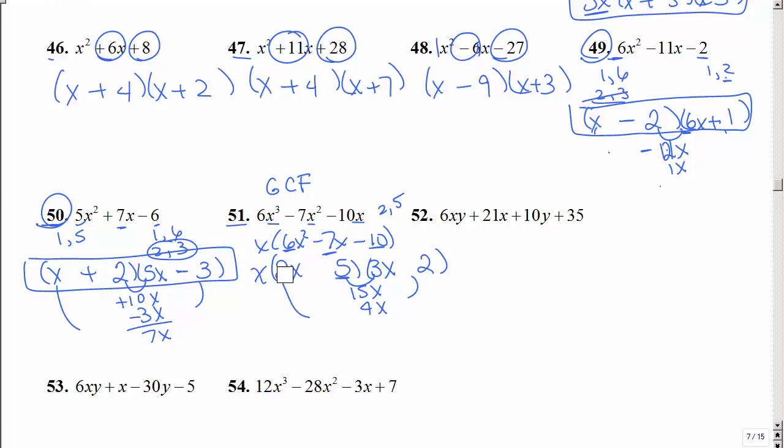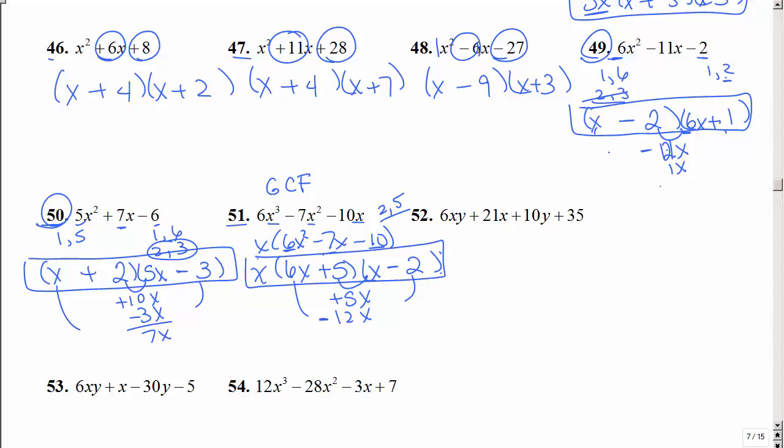That doesn't work. So 2 and 3 doesn't work. So how about 6 and 1 with the 2 and 5? And again, I can't put the 2 at the 6, so I'll try that. That's 5x, that's 12x. If I make that negative and that positive, that works. Were those my only choices? No, but I got one that worked.